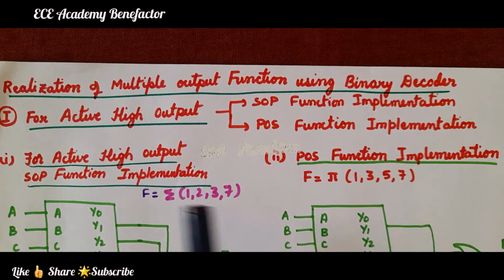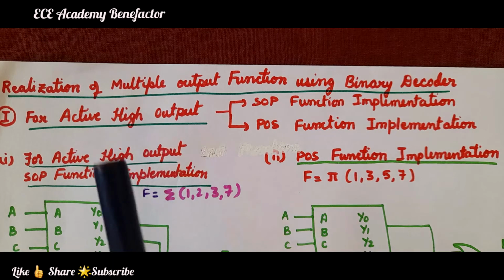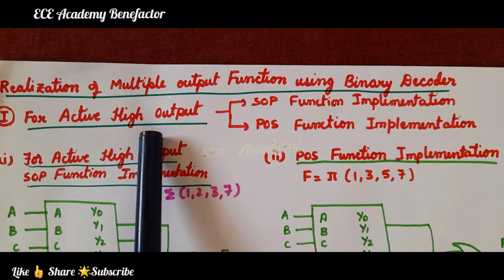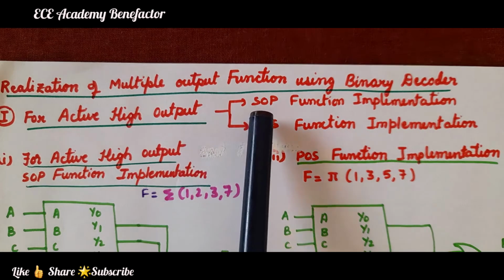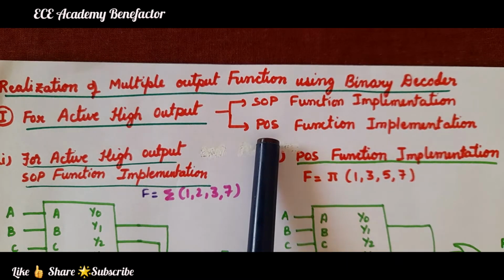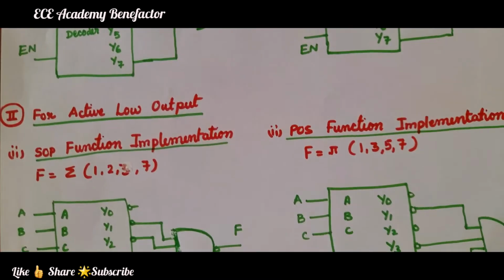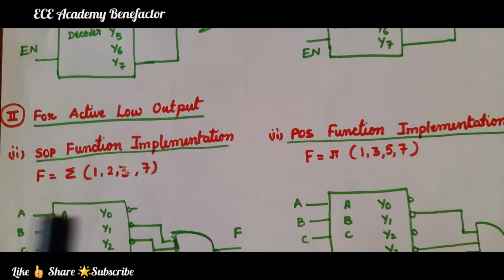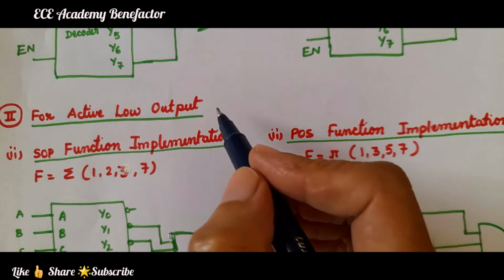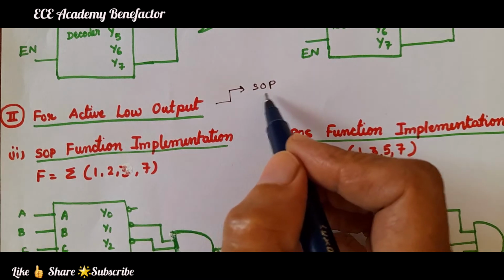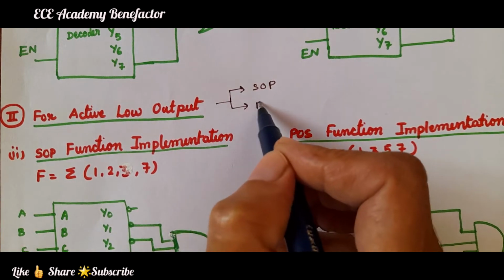We can have active high output or active low output. For active high output, again the function can be in the SOP form or POS form. And the second topic is active low output, where the function can again be in SOP form or POS form.